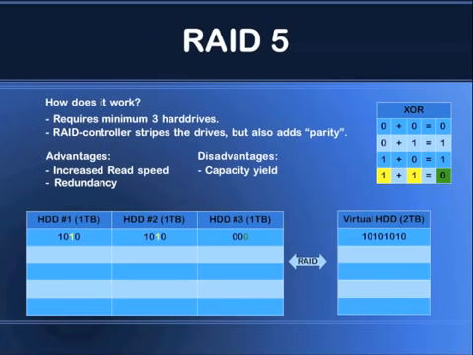So that's what gets written to hard drive number 3. And we have the fourth bit, 0 and 0, and according to the table that's a 0. Now the RAID controller has calculated the parity bits and written them to hard drive number 3.